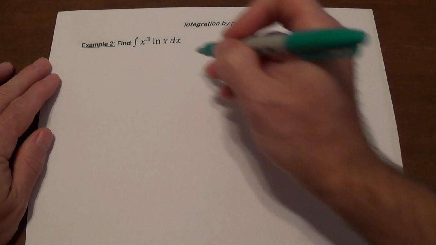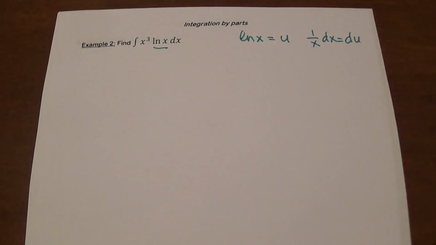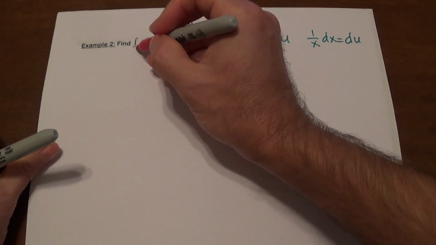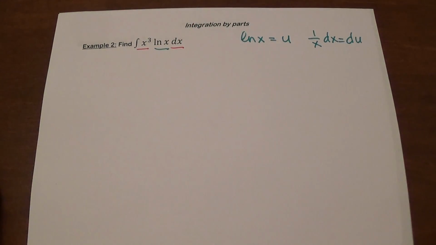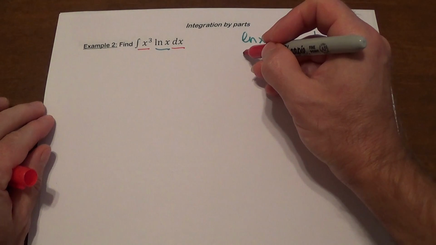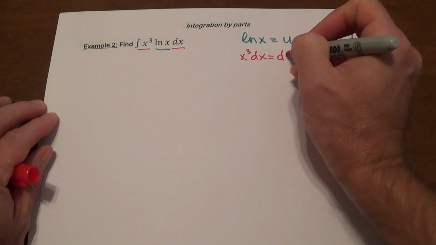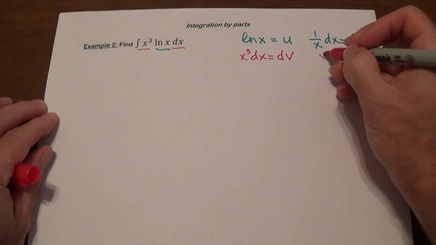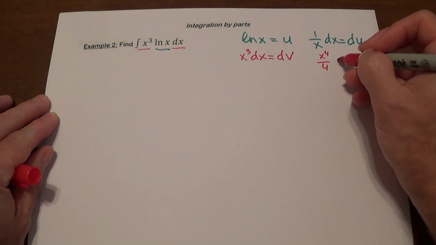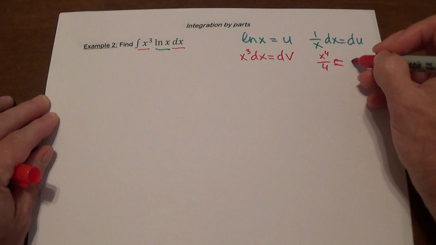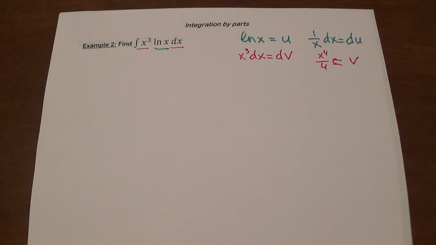Okay, so this will take care of that part, and now we have to take care of the other stuff here. So this is x cubed dx. It is actually pretty simple because it's a polynomial expression. So we call it dv, and if you integrate that, this is going to be x to the 4th over 4 equals v.